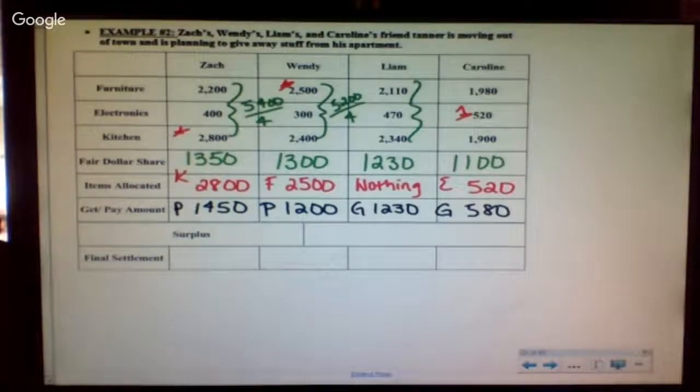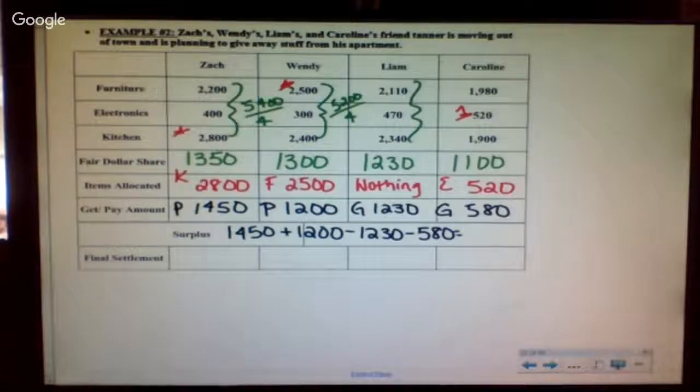Okay. We need to figure out, once they've paid and taken what they need to equal out to that fair dollar share, how much is left over. If you're paying money into an account, it goes in as a positive. So 1,450 plus 1,200 minus 1,230 minus 580.